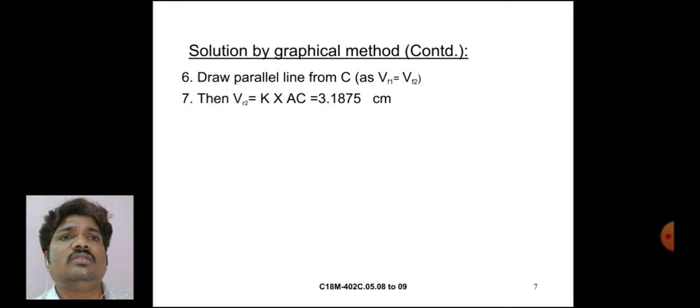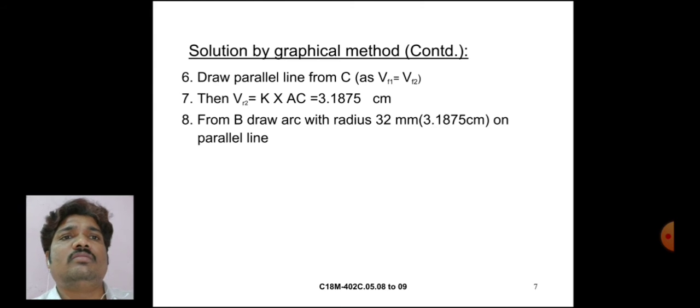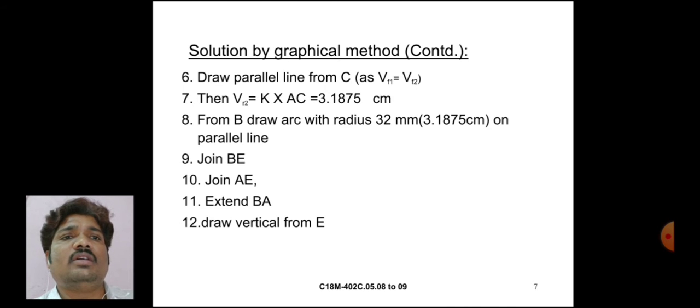Then Vr2 is equal to K into AC, equal to 3.1875 centimeters. From B, draw an arc with radius 3.1875 centimeters on the parallel line. Join BE, join AE, extend BA, and draw a vertical from E.